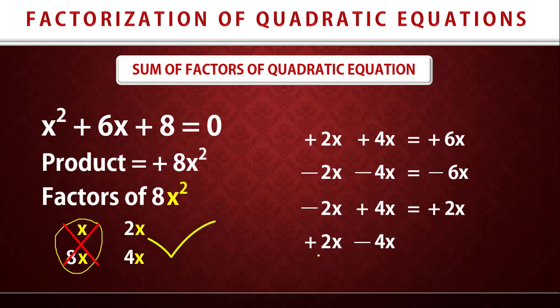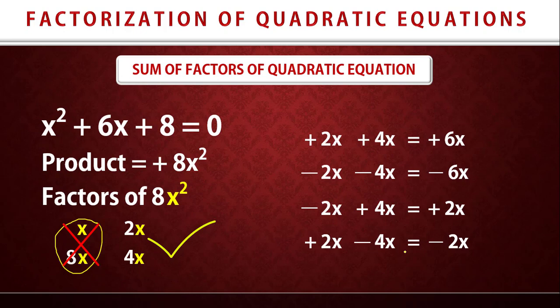You have 2 penny with you and you're owing somebody 4 penny. If you give the person the 2 penny, tell me, will you still be owing the person or not? Definitely you'll still be owing the person. You'll still be owing the person 2 penny. It means the answer we'll have here will be minus 2x. You get the idea now.